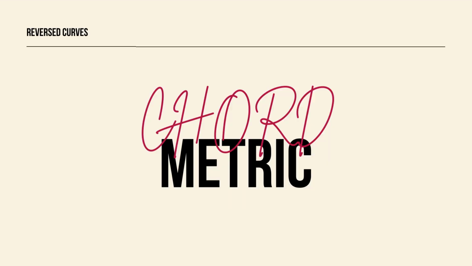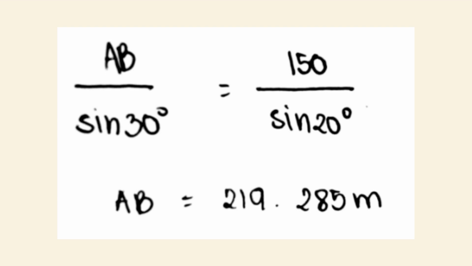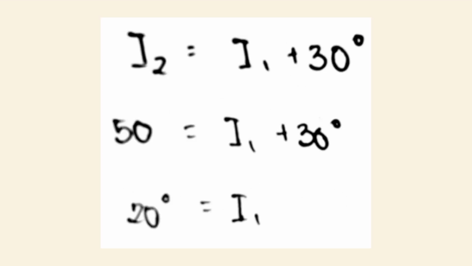Next, let's solve the same problem, but this time using the chord basis, still in the metric system. Using the same figure and the same process, we have AB over sine 30 degrees equals 150 over sine 20 degrees. The length of our AB is equal to 219.285 meters.